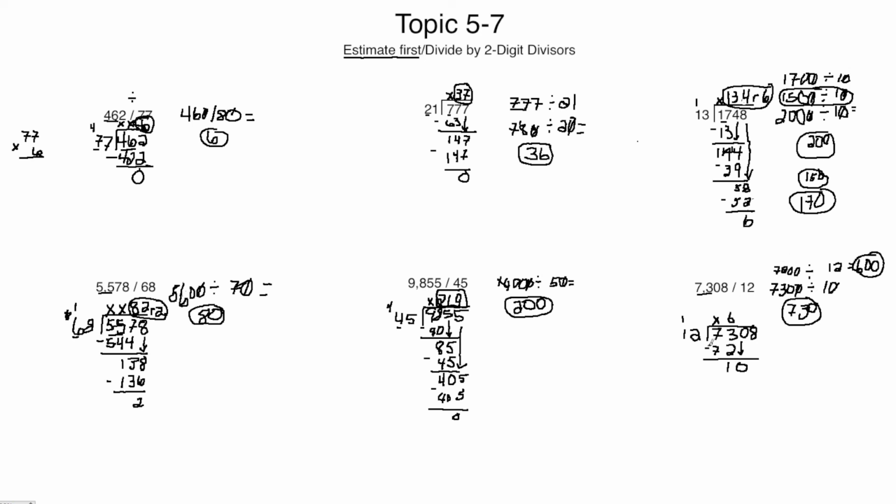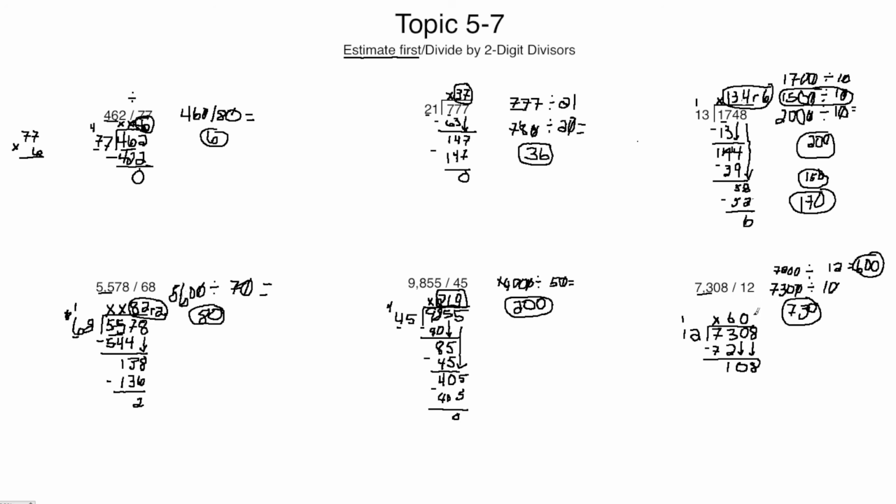All right, so how many times can 12 go into 10? It can't. And as soon as you say it cannot, it can go in 0 times. So now we got to bring down the 8. How many times can 12 go into 108?